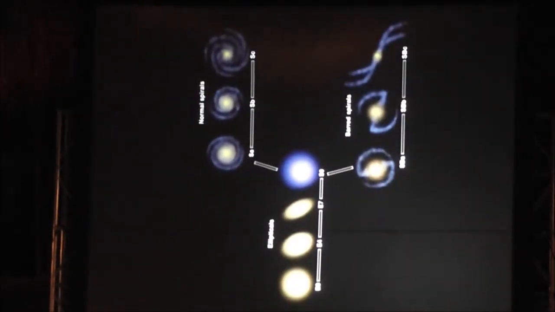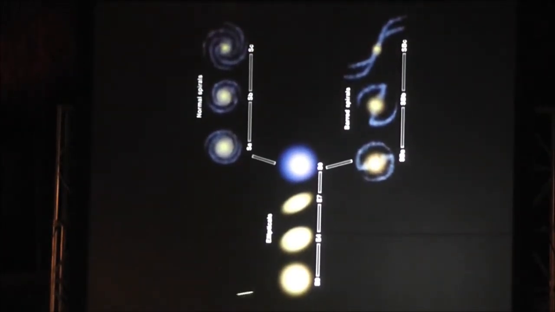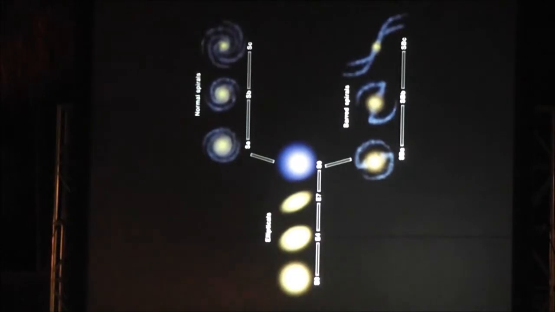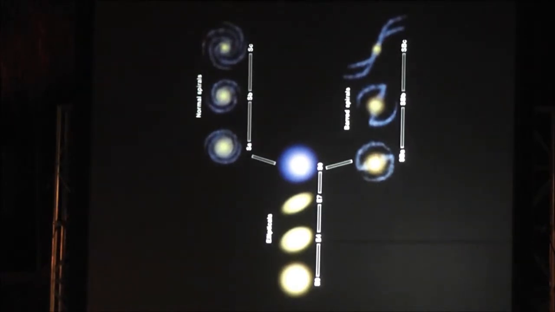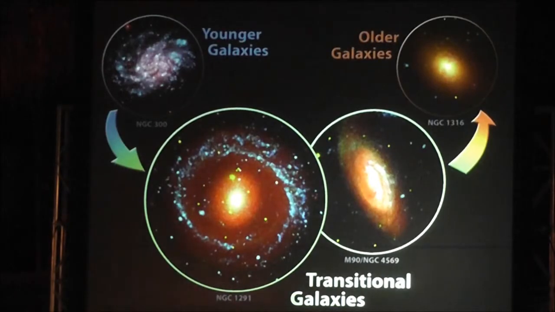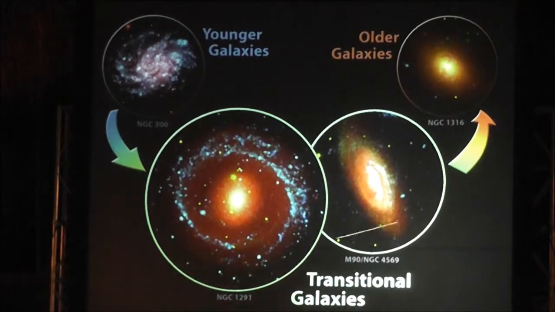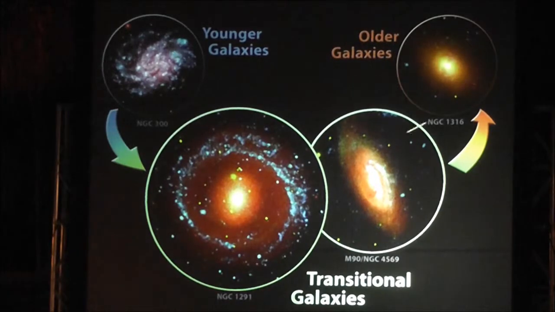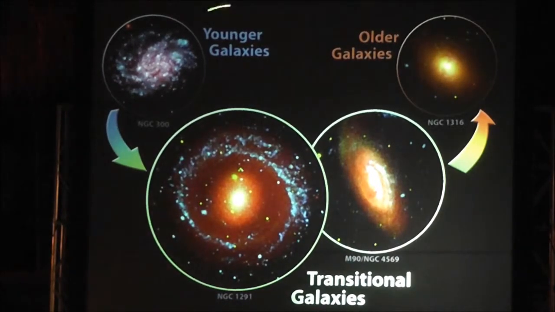The classical way of classifying galaxies was the Hubble tuning fork. Elliptical galaxies basically have stopped forming stars and they've become red in color. And spiral galaxies and irregular galaxies are forming stars actively and are blue in color for that reason, or ultraviolet bright. What we've discovered with GALEX is that there's a population of galaxies which seem to be transitioning between these two types, ellipticals and spiral galaxies, and there's something in between.